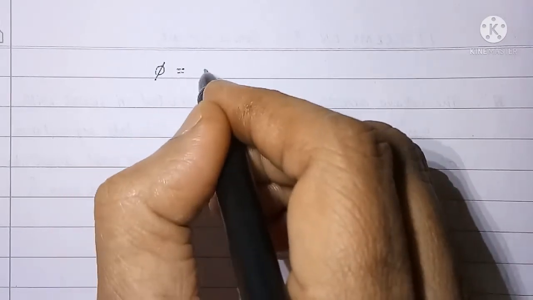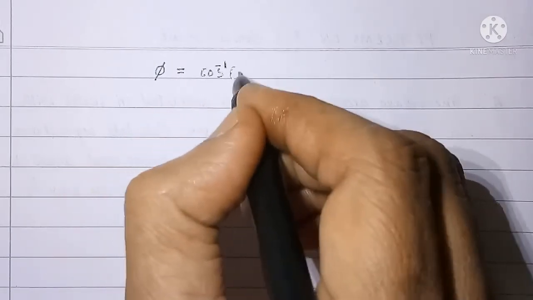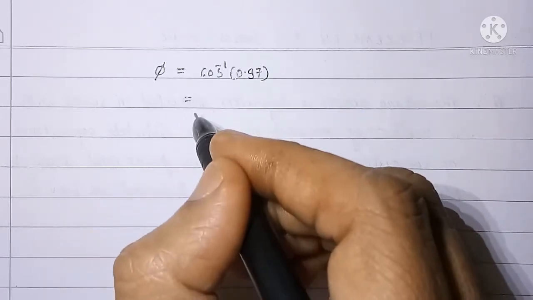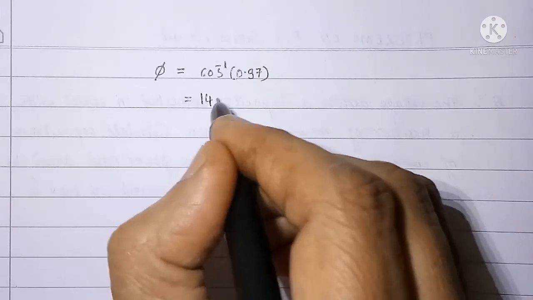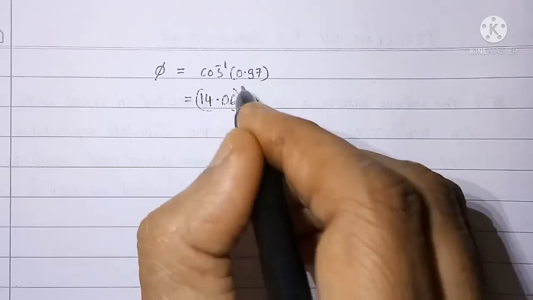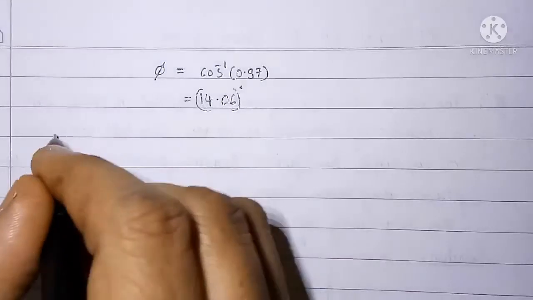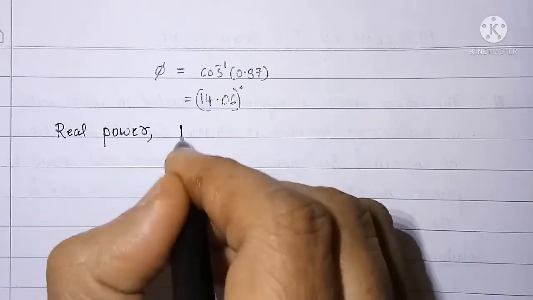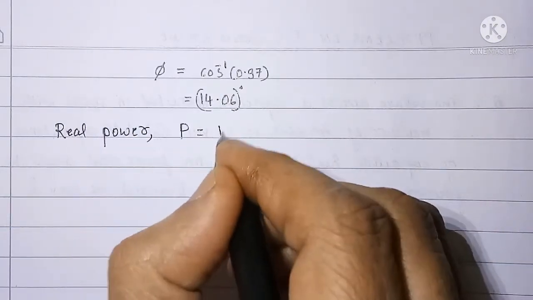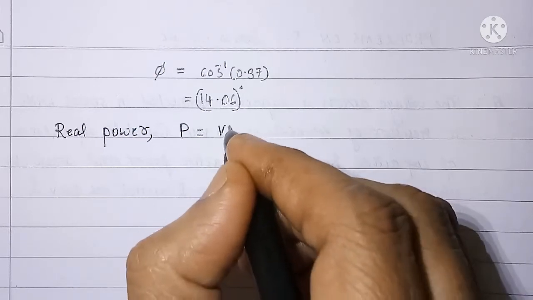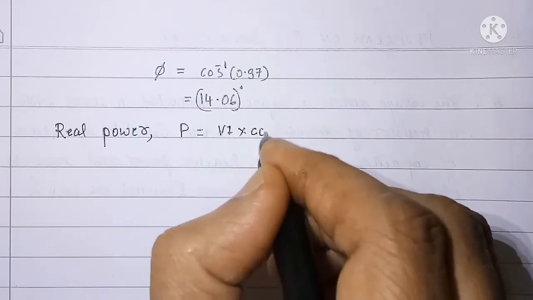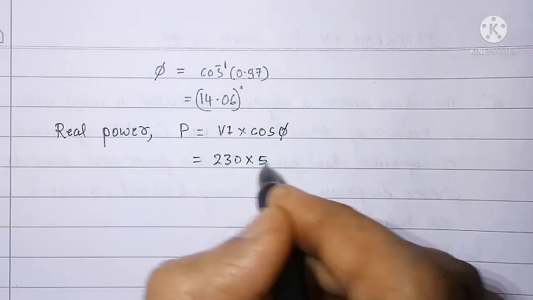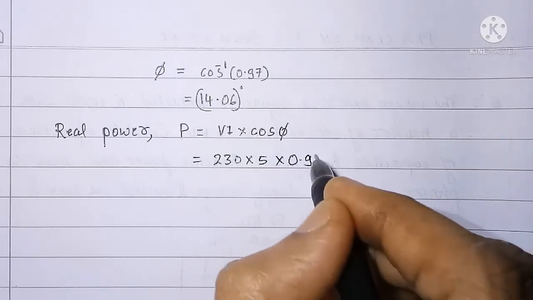Phase angle phi is equal to cos inverse of 0.97, that is equal to 14.06 degrees. Now we will calculate real power. Real power P is equal to supply voltage into supply current into cos phi, that is 230 into 5 into 0.97.